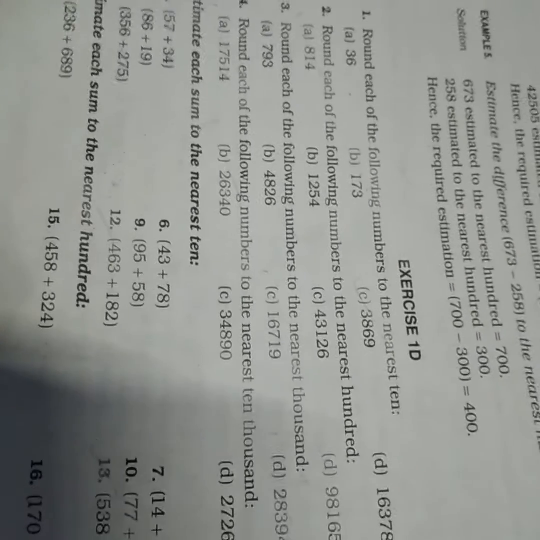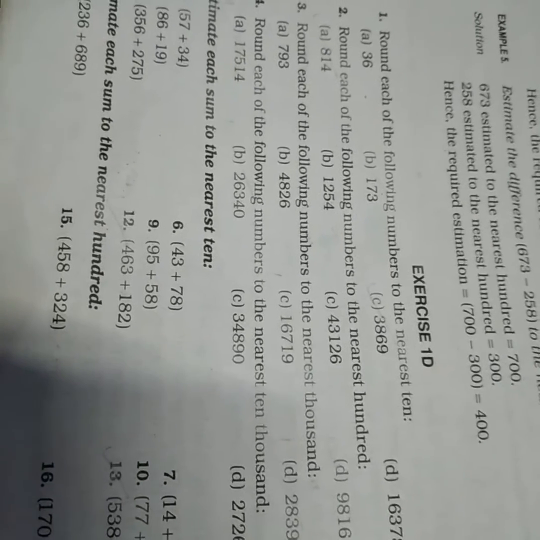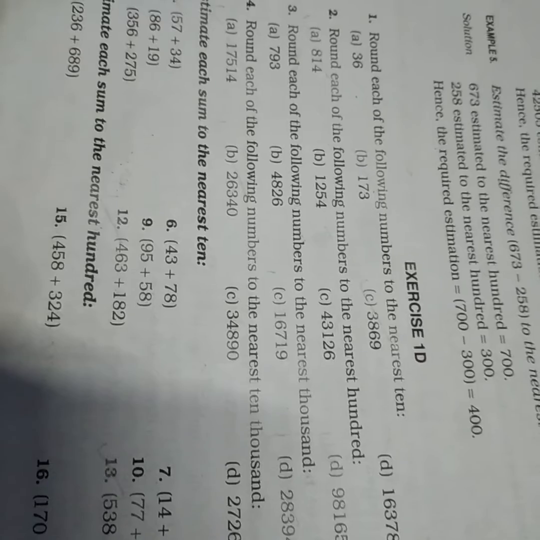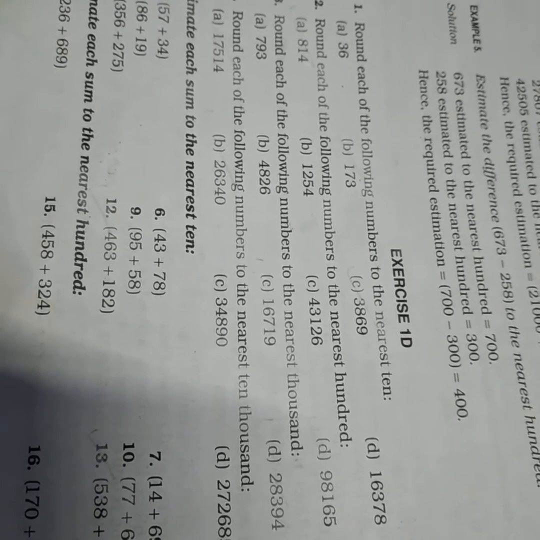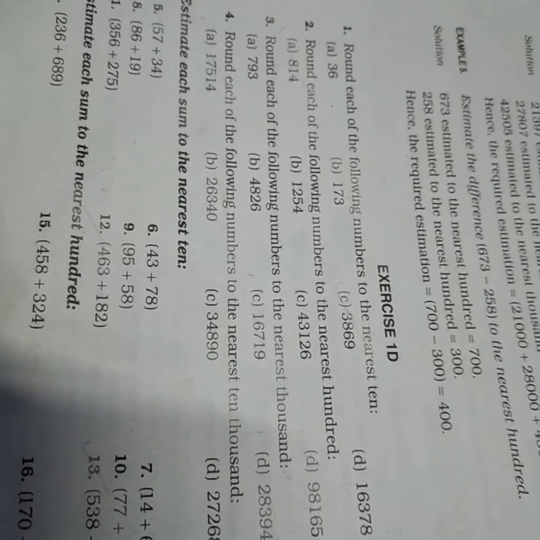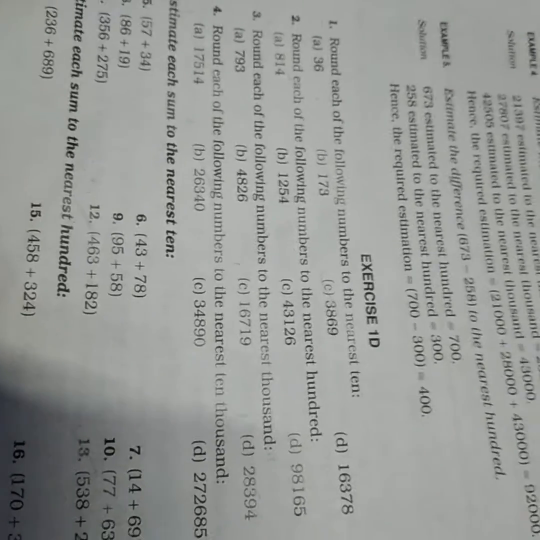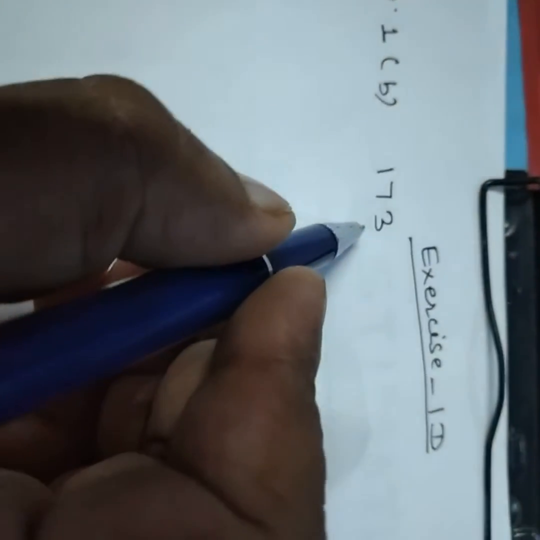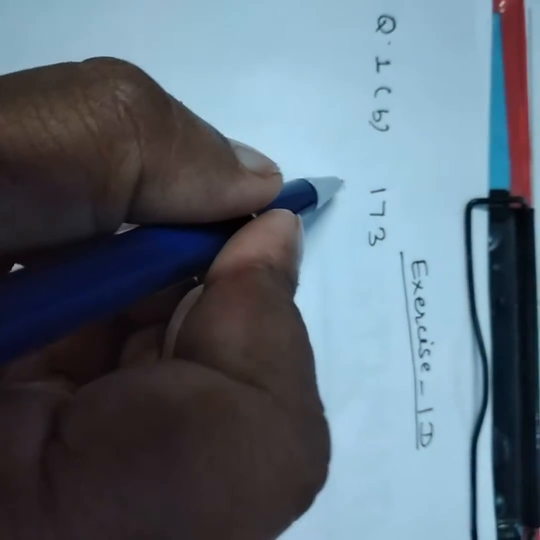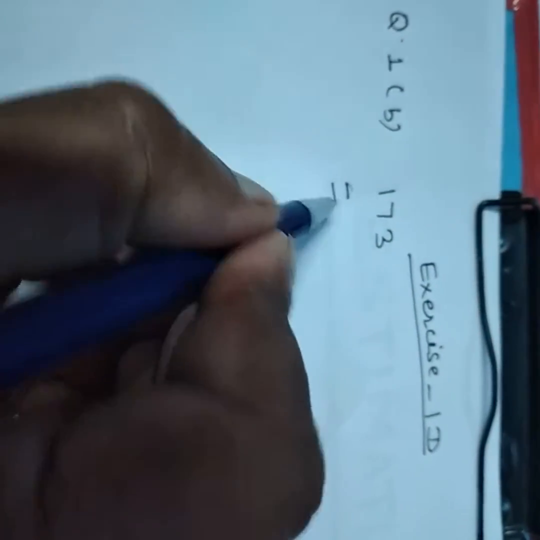Now, children, we are going to discuss exercise 1D. Round up each of the following numbers to the nearest 10. I am going to do B, 173. We have to find the nearest 10 of 173.